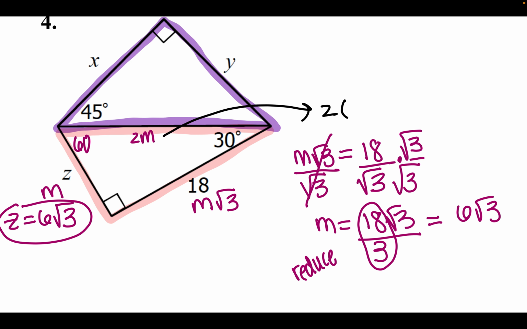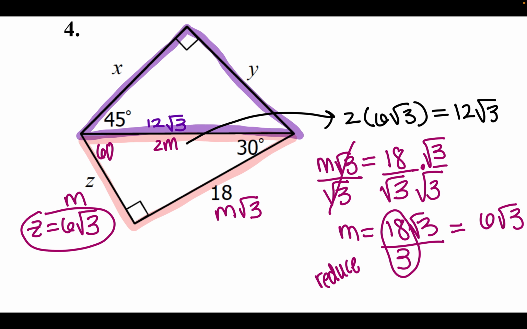So it's 2 times 6 square roots of 3, which would be 12 square roots of 3. So I'm going to write that right here, 12 square roots of 3. Now that we have this shared side found, we can move on to finding x and y.